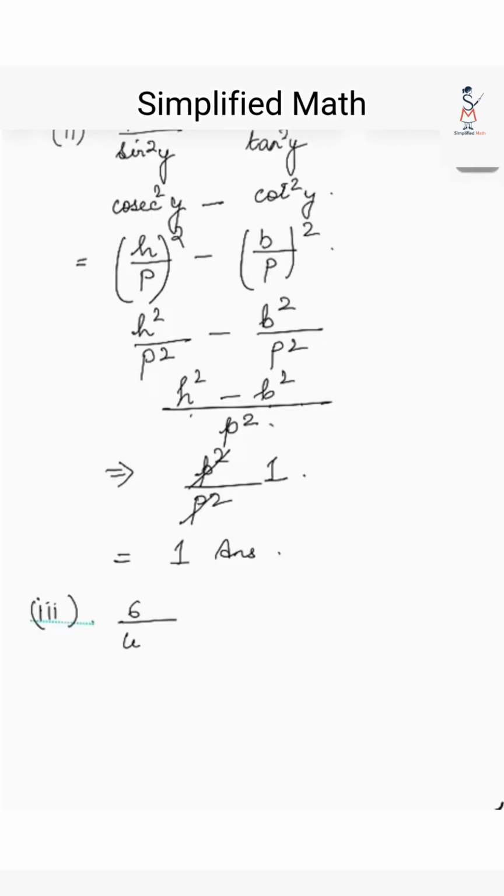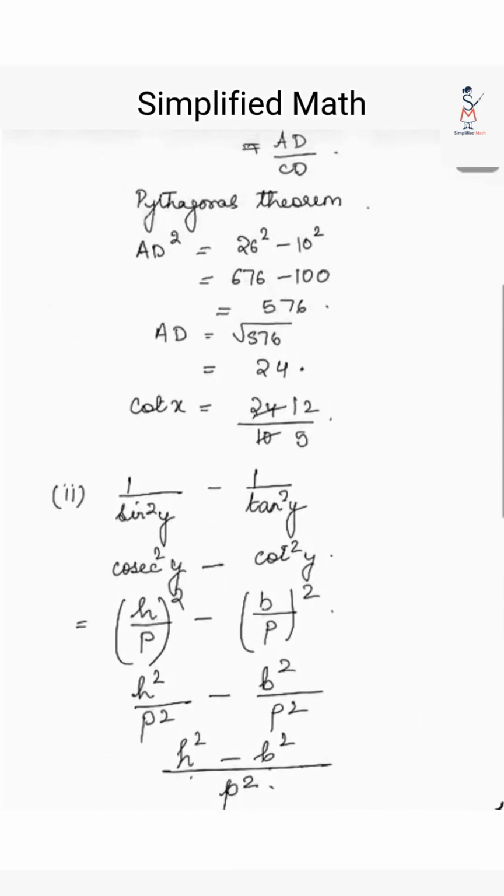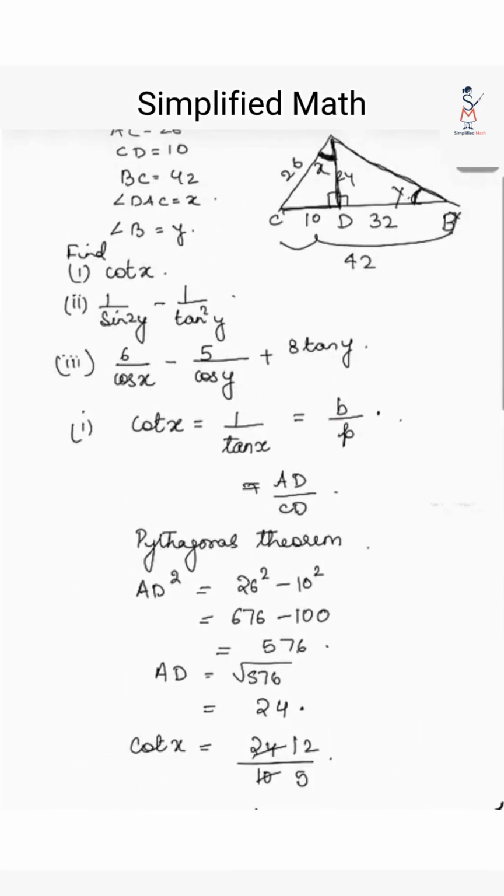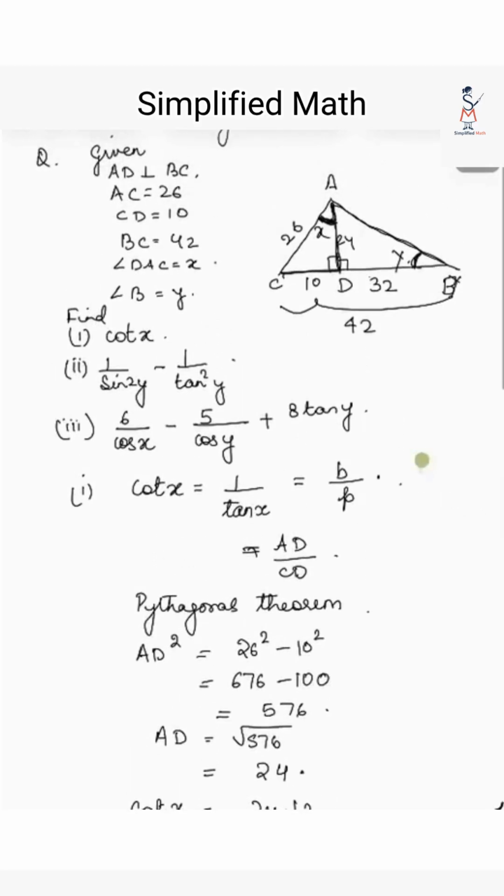6 by cos x minus 5 by cos y plus 8 tan y. Now we have to find the cos and tan values. So first what we will do, we will find AB. AB square is AD square plus DB square, right?